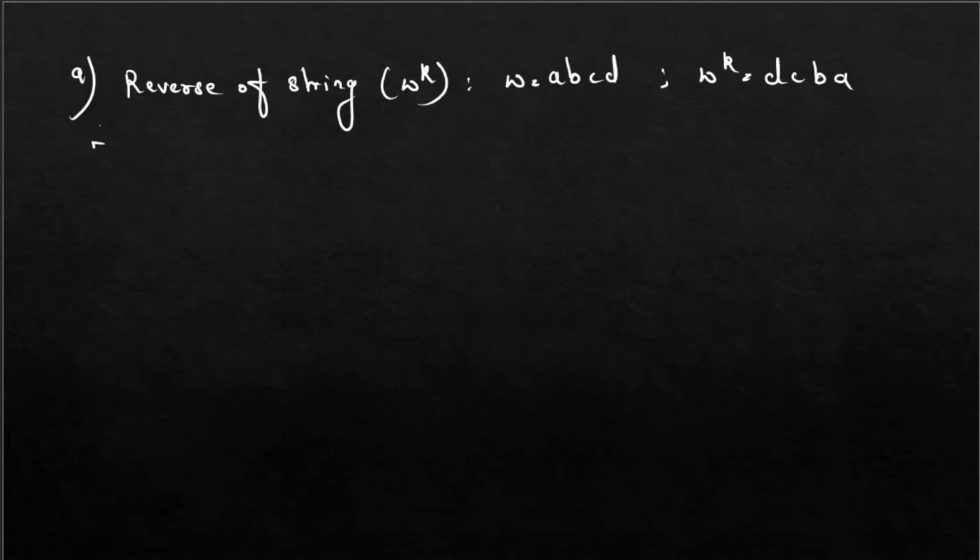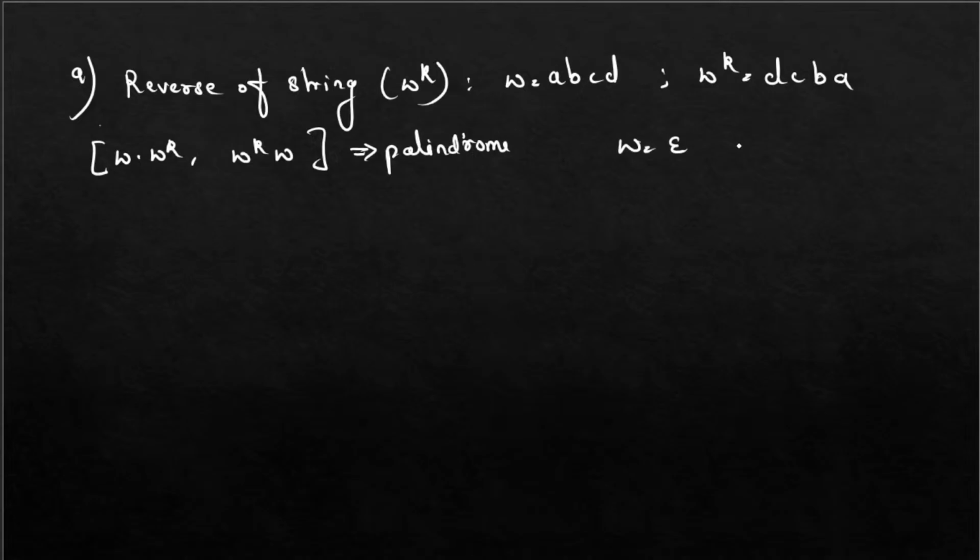W w^R and w^R w are like palindromes. You all know what a palindrome is? If you reverse the name, it will be the same as it is. And let's say w is epsilon, so w^R will be epsilon. Like this it is the case.